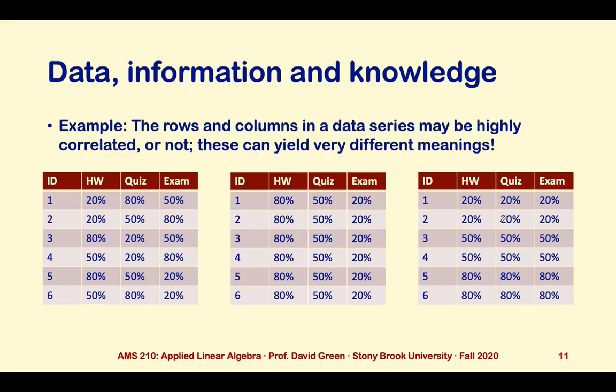I would also maybe look at this and say, well, if the homework and quizzes and exams are all giving exactly the same result, are they all necessary? Perhaps not. Looking at the structure of data within a matrix can give us insight into the underlying problem.